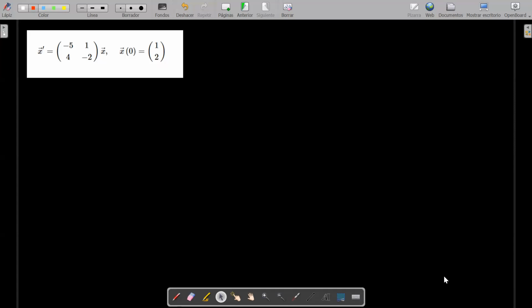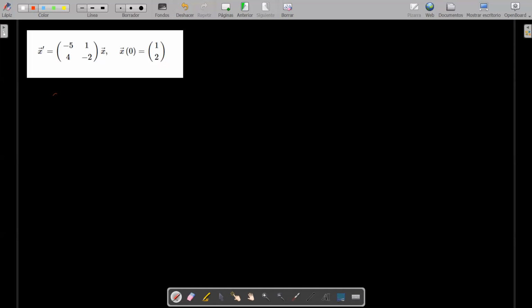So let's solve one last example just to finish clearing all of the doubts about the process. And we have here an IVP. So we need to find the constants because we have given initial conditions.